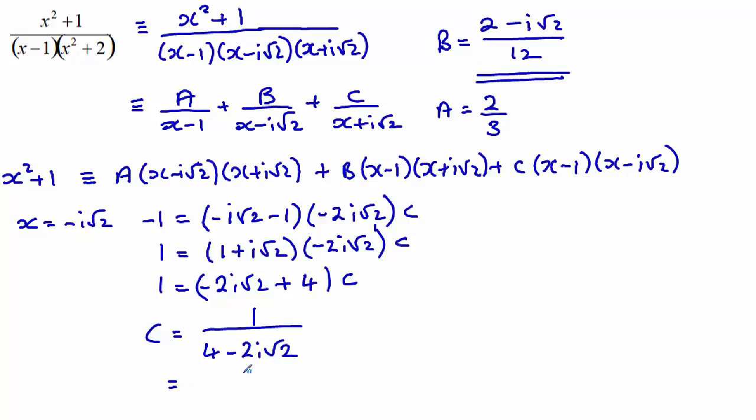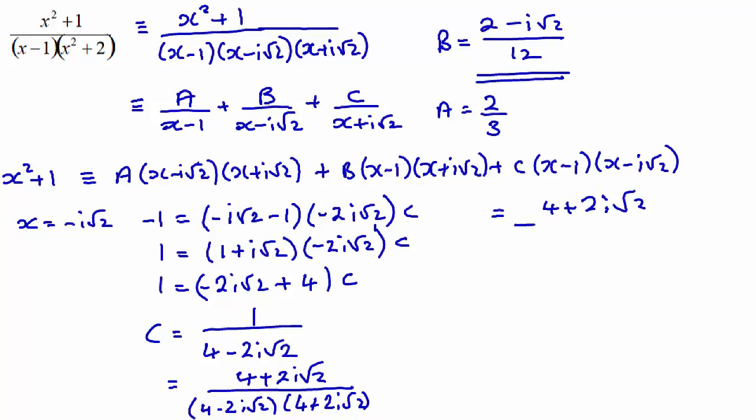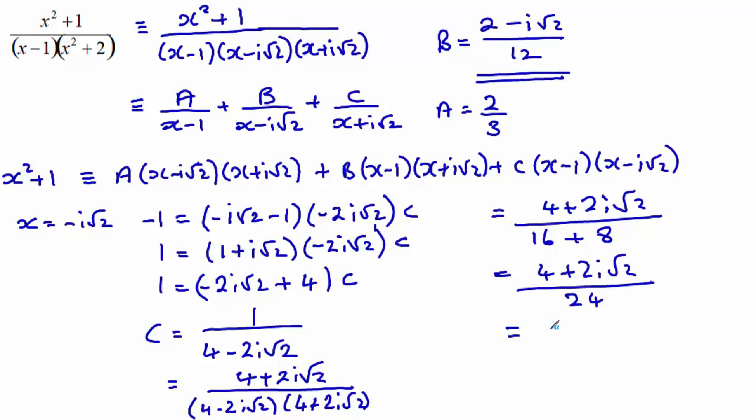So same sort of thing again, multiply top and bottom by the conjugate, 4 plus 2i root 2 over 4 minus 2i root 2, 4 plus 2i root 2, and that's going to give us 4 plus 2i root 2 over 16, add 8, which is 4 plus 2i root 2 over 24, which is going to be 2 plus i root 2 over 12. So that is our C.